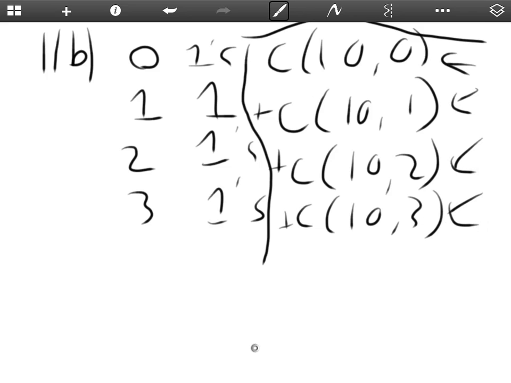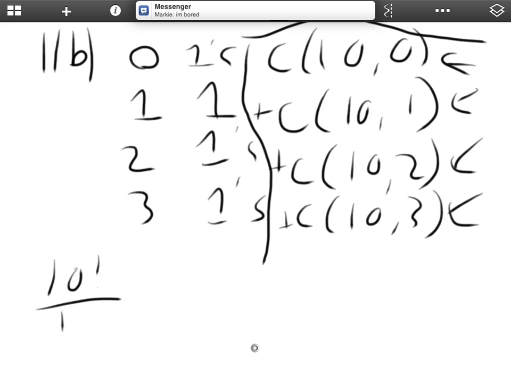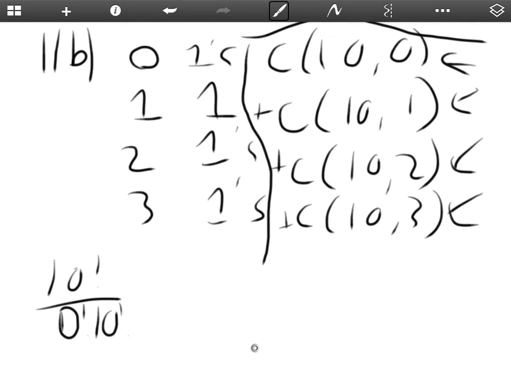And so C of 10 0 is 10 factorial over 0 factorial 10 factorial. And C of 10 1 is 10 factorial over 1 factorial 9 factorial. And the way I'm getting these answers, by the way, let me do it on the next one. C of 10 2, let me show you how this method works.